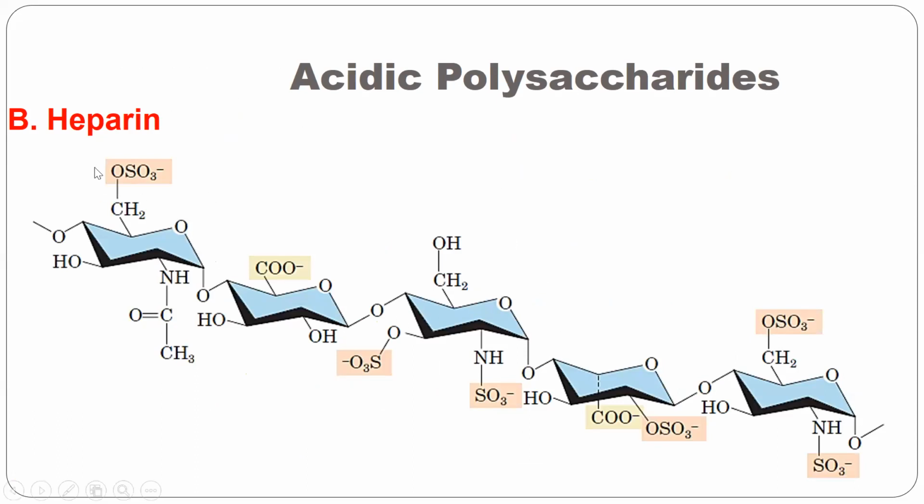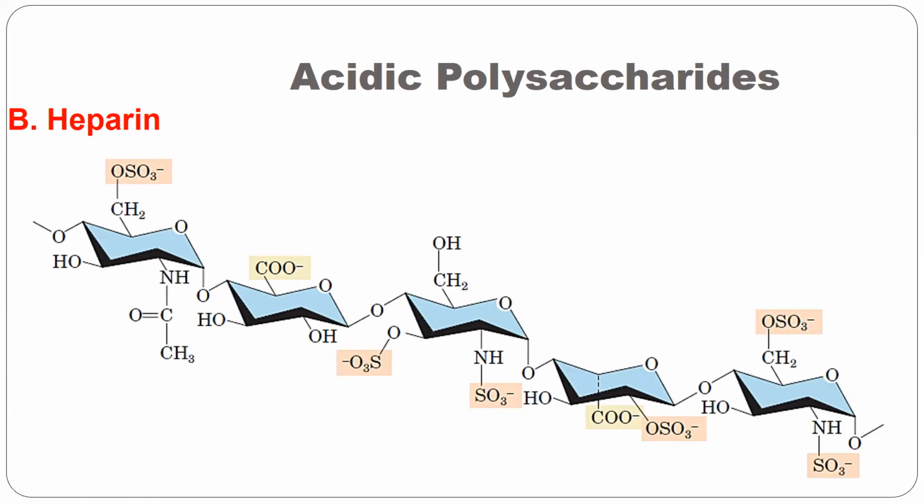You have here N-acetylglucosamine 6-sulfate, and then you have your glucuronic acid, and then here, instead of NH acetyl, you have your sulfate, N-sulfate.